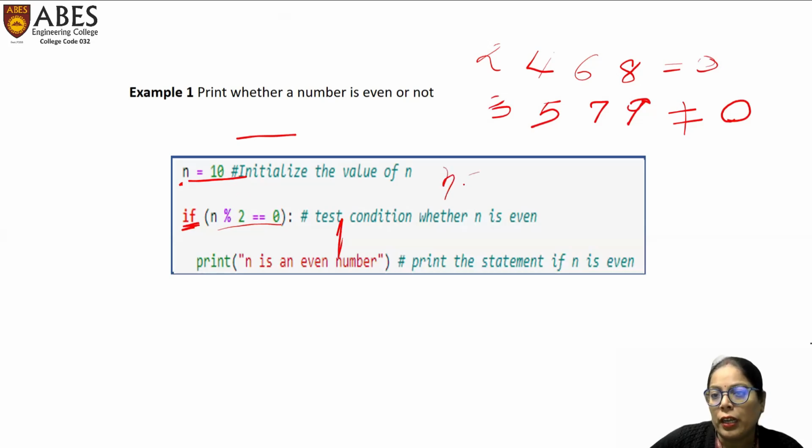Like if you write n equals to 11, 11 is not an even number. So when you check this, the remainder will be 1, so the condition becomes false. This part is executed only if the condition is true. But when n equals 11, our condition is false, so nothing will be executed.